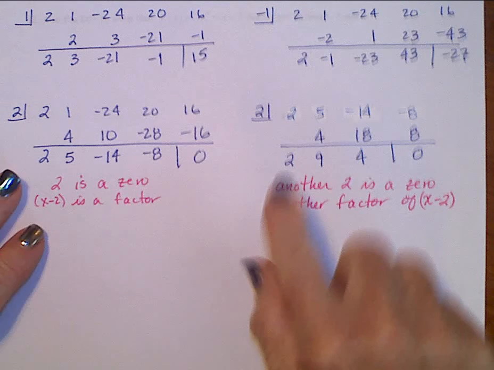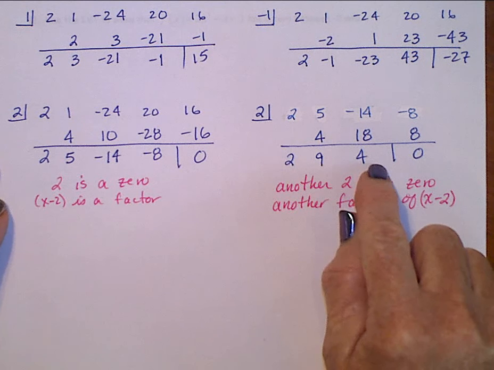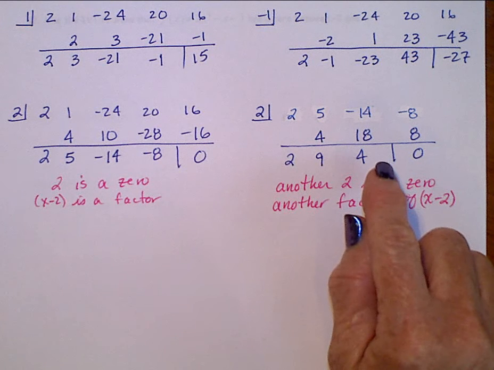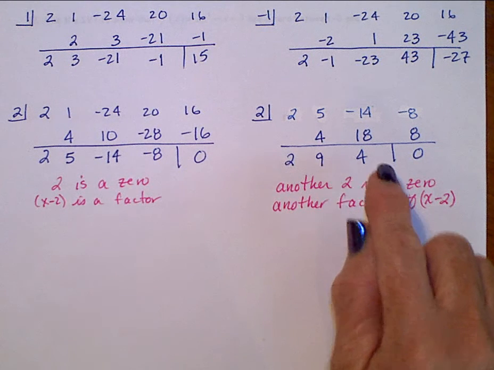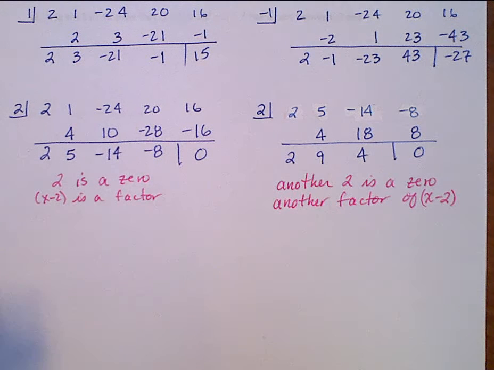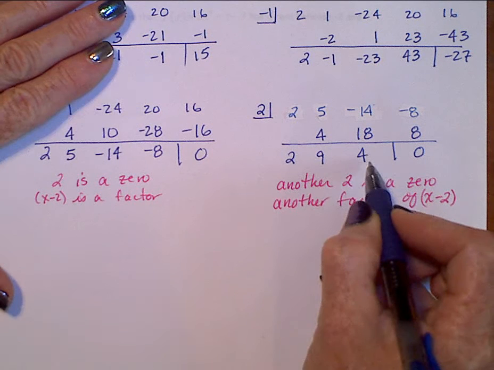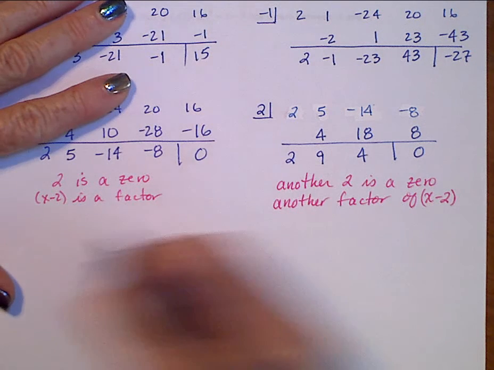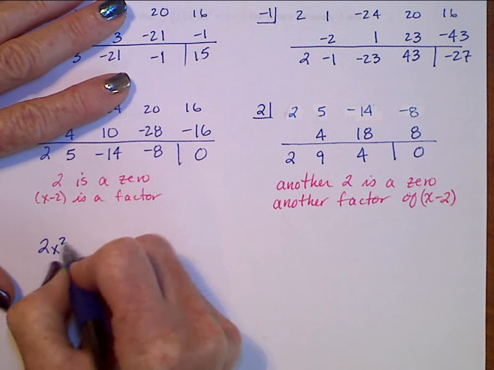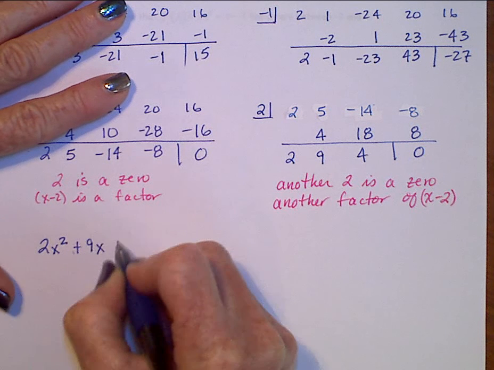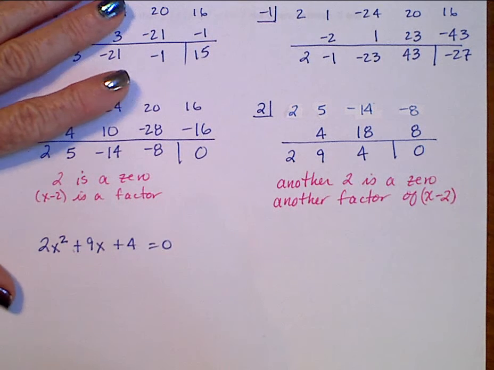Okay, now this is down to a quadratic. So take this 2x squared plus 9x minus 4. Did I say minus 4? Silly. Let's go. We're going to take this into 2x squared plus 9x plus 4, set it equal to 0, and then factor.